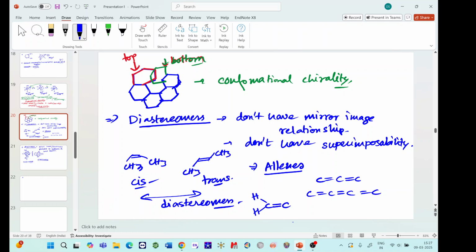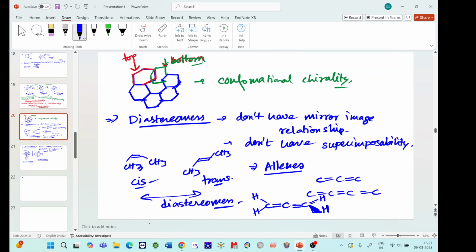But if you need to do another pi bonding here, then it will not be in the same plane. So this one will be like this. This one will be like this. This is only for odd cases.